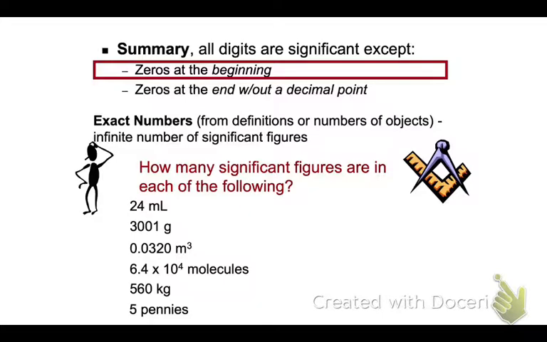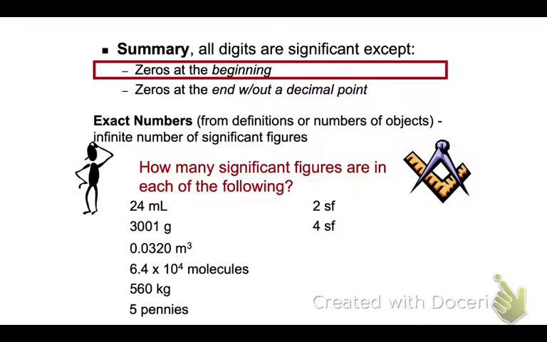Let's look at the following. How many sig fig are in each of the following? 24 milliliter. These are 2 sig fig, you're right, because they are all non-zero. How about 3001 gram? All the zeros between non-zeros are significant, and therefore we have 4 sig fig. 0.0320 cubic meter.